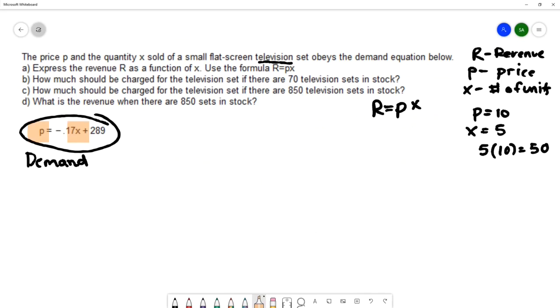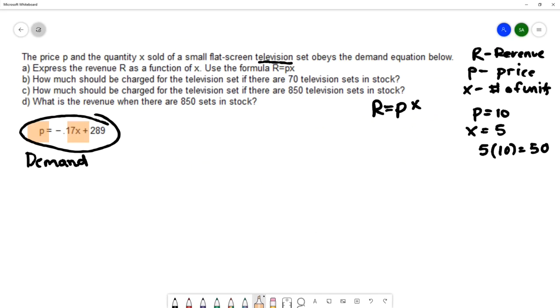The idea is that the number of items that you're selling might have an effect on the price that you sell it at. If you have more of something, you might be willing to sell it at a lower price because you can still make a good bit of money. Consumers, if it has a lower price, might be more willing to buy it.